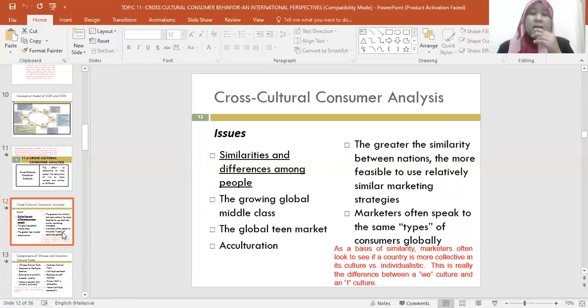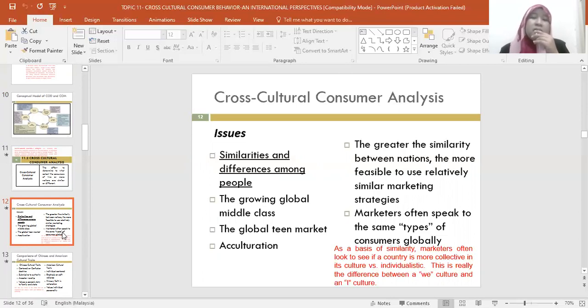And then the marketers often speak to the same types of consumers globally. Because we are talking about how they have the same characteristics in terms of the consumer. In ASEAN, the character is like this, so it's almost the same, even when they go global.